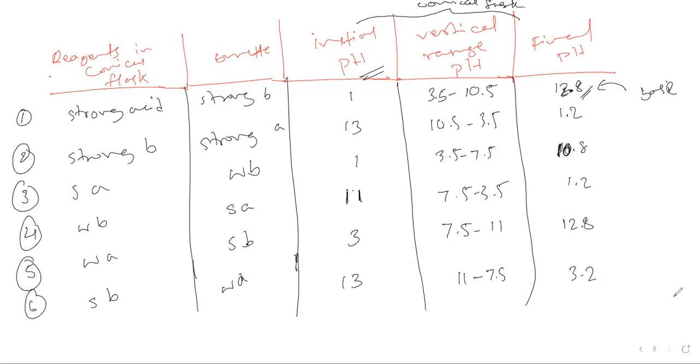That's the part. Now, what sort of diagram do we get to draw? We already saw the diagram for strong acid, strong base, where strong acid is in the conical flask. Now in the second graph, we will see strong base versus strong acid.